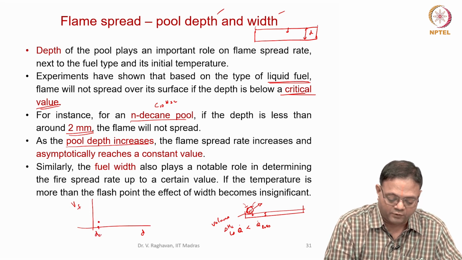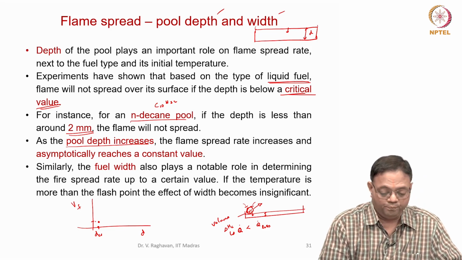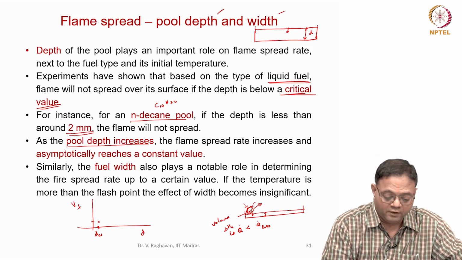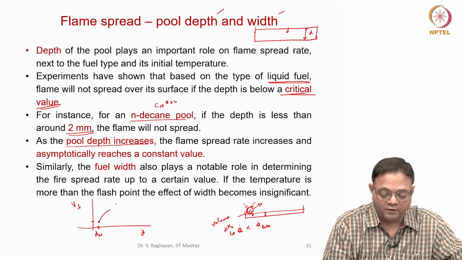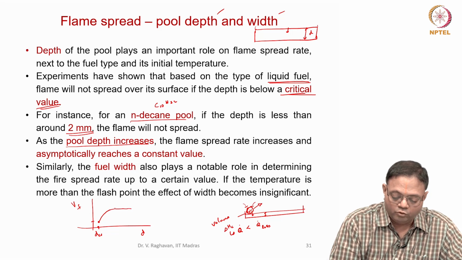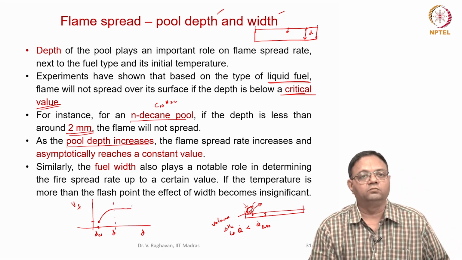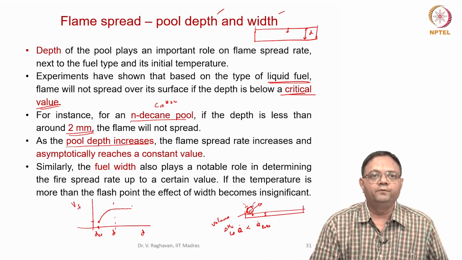So this is depth critical, and I have a value for the flame spread velocity like this. Now as the depth increases, the flame spread velocity increases, but asymptotically reaches a constant value. So after a particular depth, there is no effect of depth at all. The flame spread velocity will be the same.